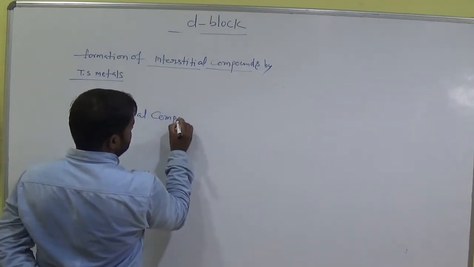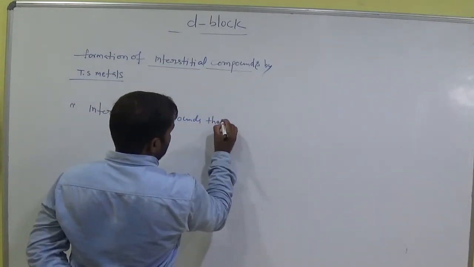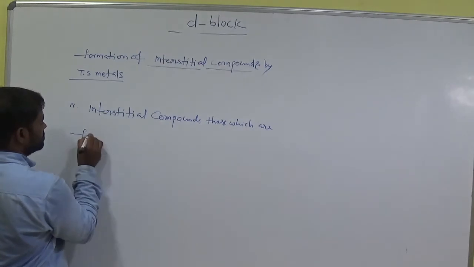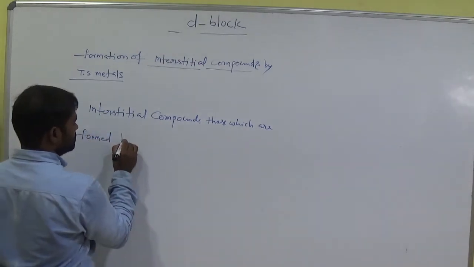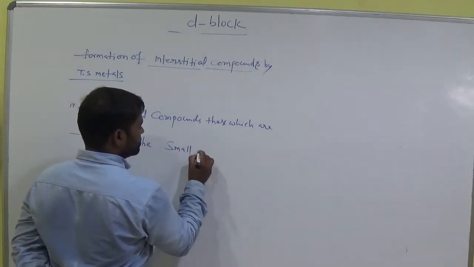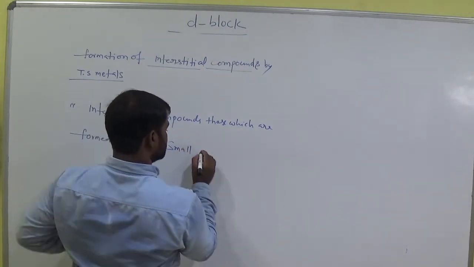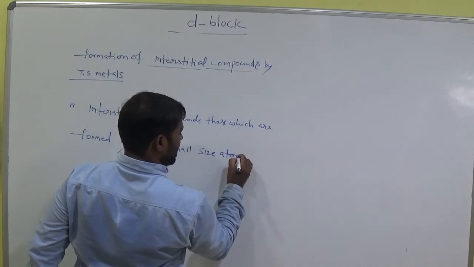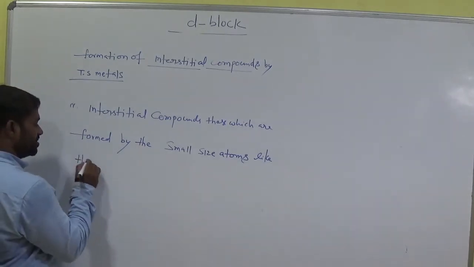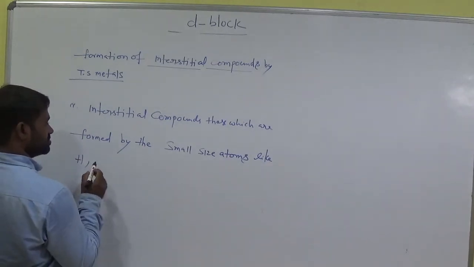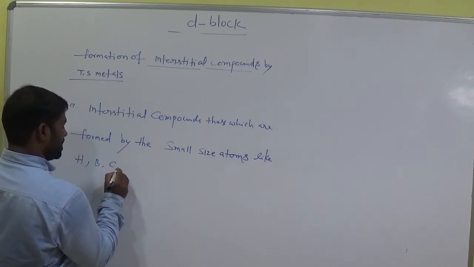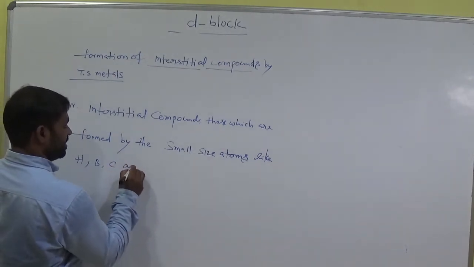Interstitial compounds are those which are formed by small size atoms like hydrogen, boron, carbon and nitrogen.